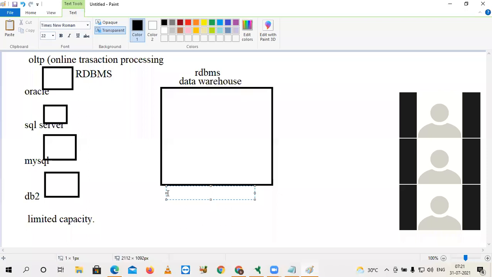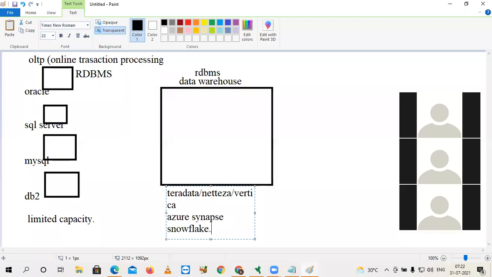Here we use special databases like Teradata, Netezza, even Vertica. In the case of Azure, you will be using Azure Synapse. Snowflake is also there. This is now rocking, Snowflake.